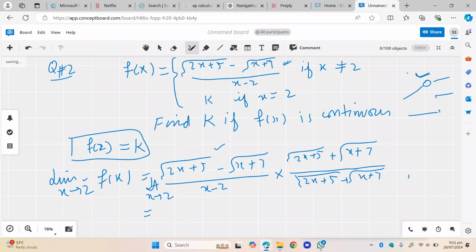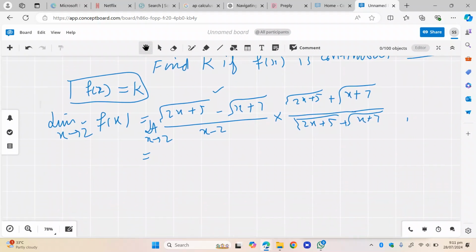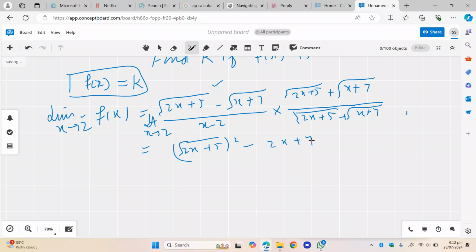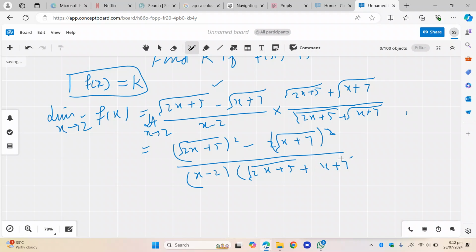Now if you multiply them, you will get a squared minus b squared, so it will be 2x plus 5 squared minus x plus 7 squared, divided by x minus 2 times the square root of 2x plus 5 plus the square root of x plus 7, and we still have the limit as x tends to 2.